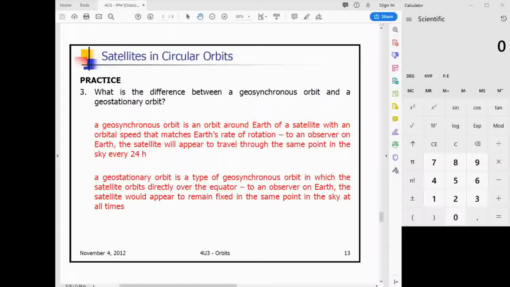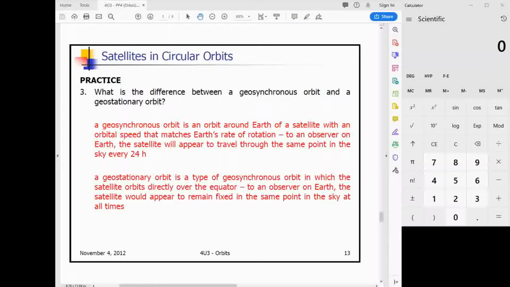So let's use the Earth as an example. The Earth's rate of rotation, I'm not sure exactly what it is, but a satellite that is orbiting around the Earth at the same rate of rotation as the Earth will appear in the same location in the sky every 24 hours.